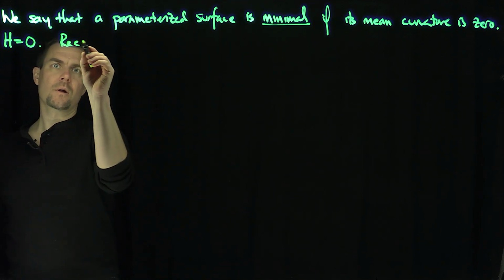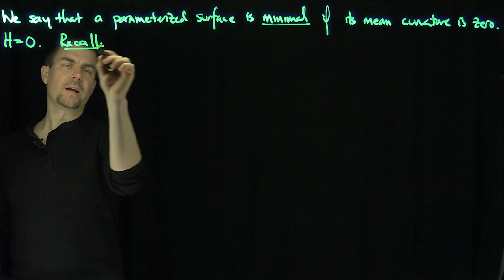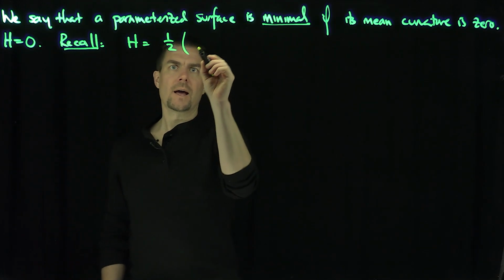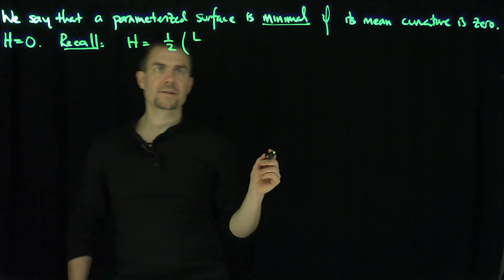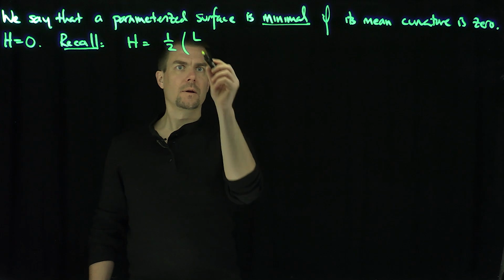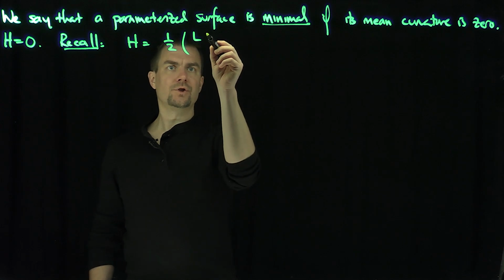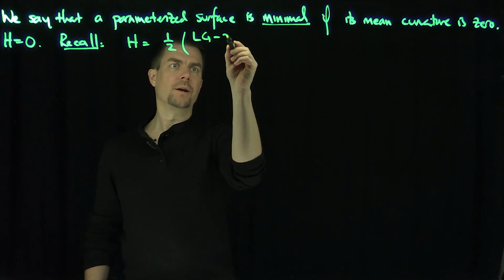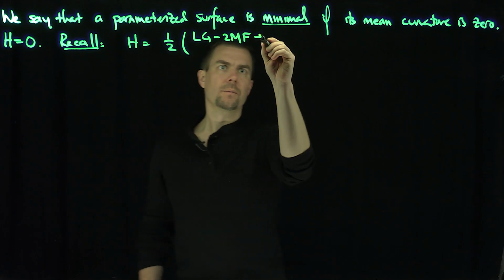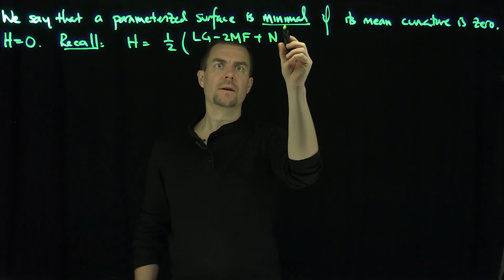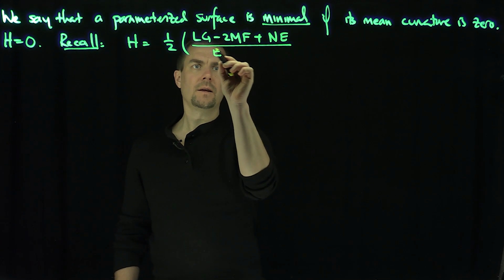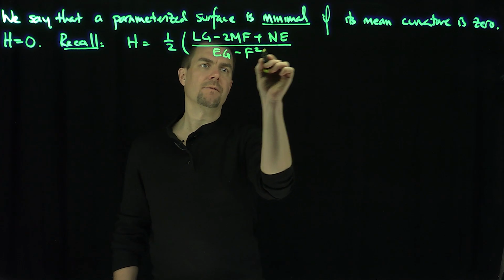Recall, of course, what H is. So H is 1/2 times (L E, F, and then G, minus 2M F plus N E), all divided by E G minus F squared.